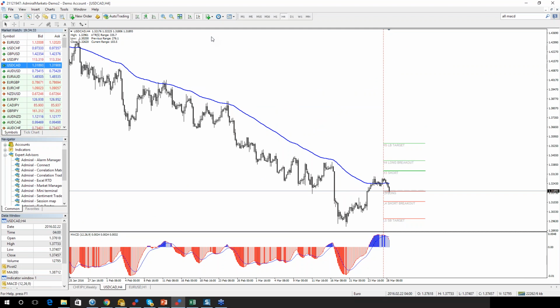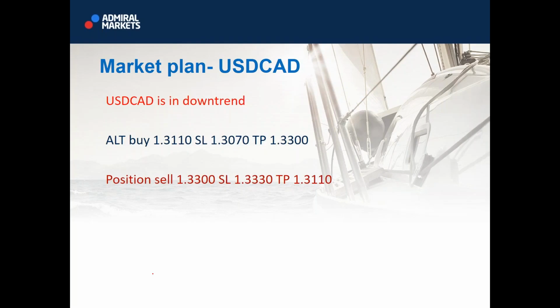You cannot always expect the trend will continue. Because of that, here we see a break of EMA 89 and the close. So I assume it can be sold and it can be bought like this.